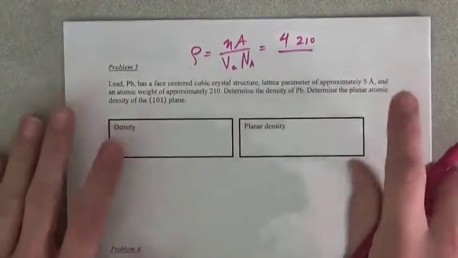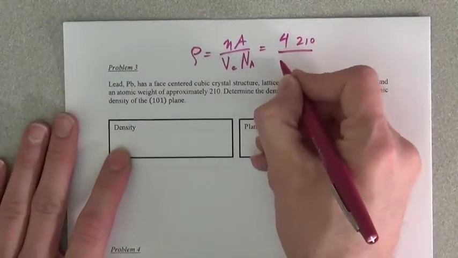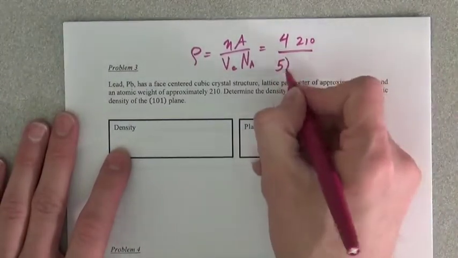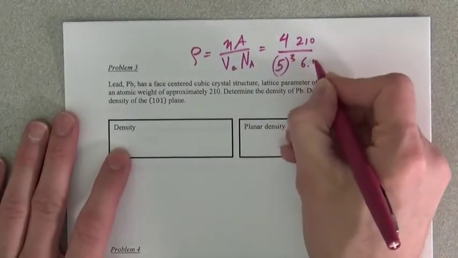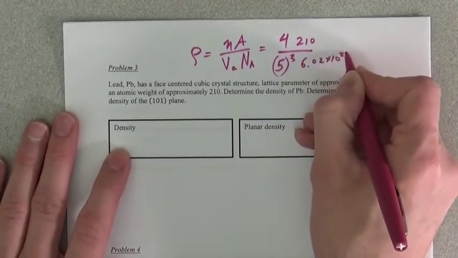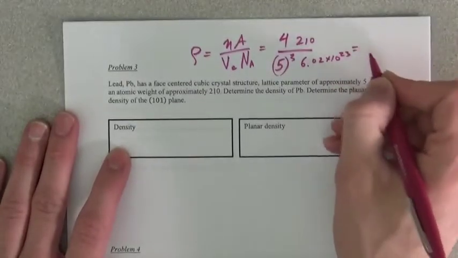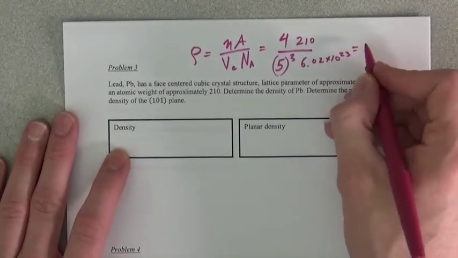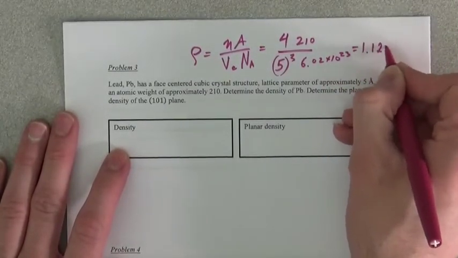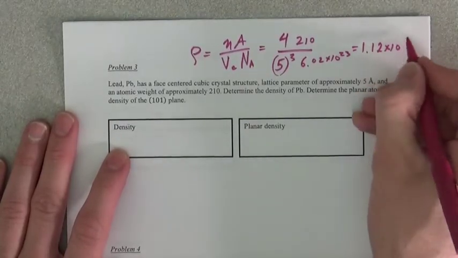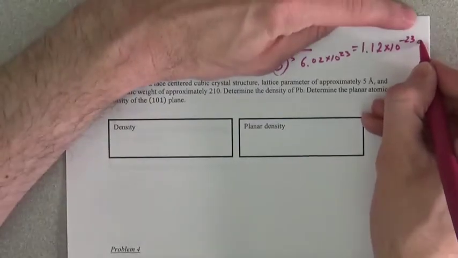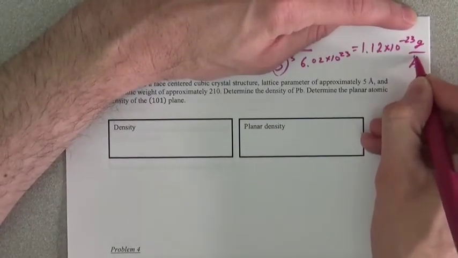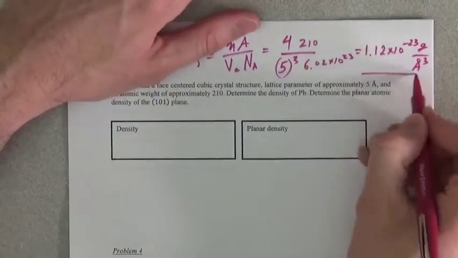V_C is, I'm going to do this in angstrom, 5 cubed, and N_A is 6.02 times 10 to the 23. And when you write that, you get 1.12 times 10 to the minus 23, and that is going to be grams per cubic angstrom.